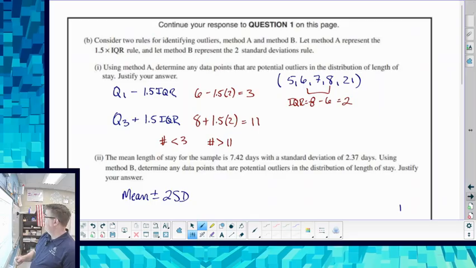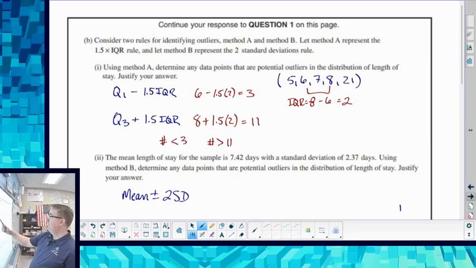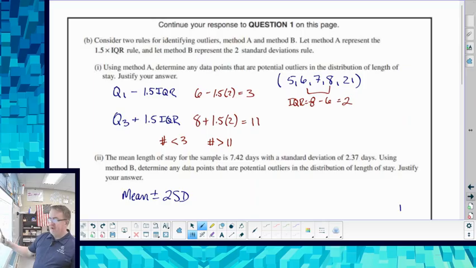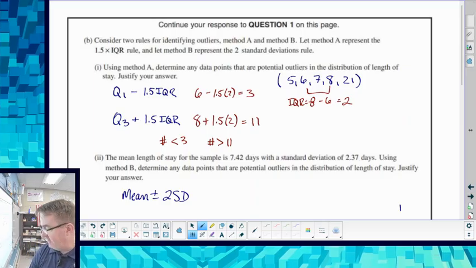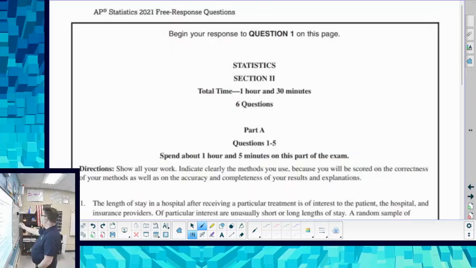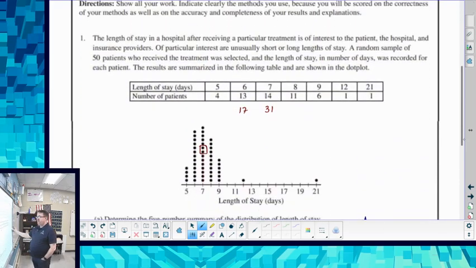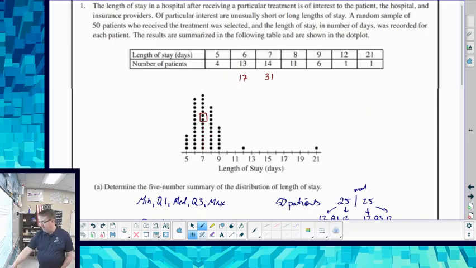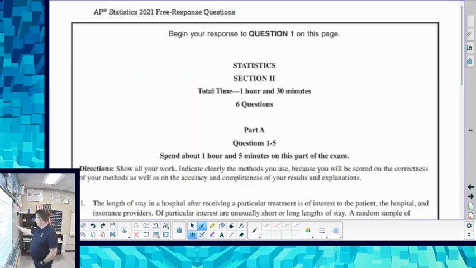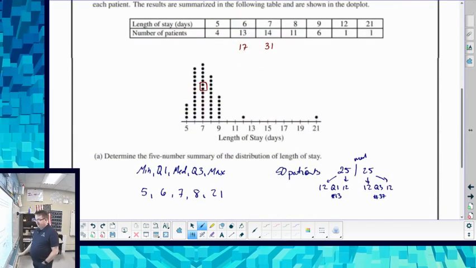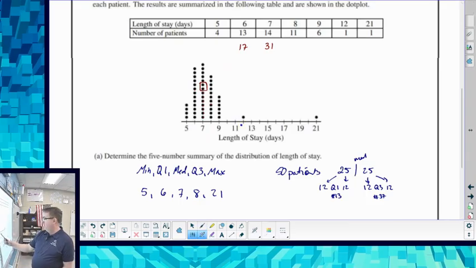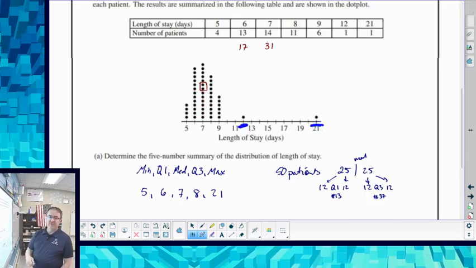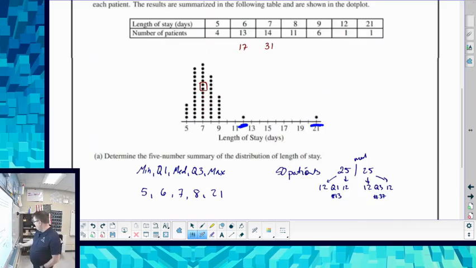When we look at the other data here, now it says here, determine any data points. So you could write that out and just say that, given the fact that we do not have a large number of data there that fit those criteria. In fact, we only have the 12 and the 21. You could probably just list those points out.